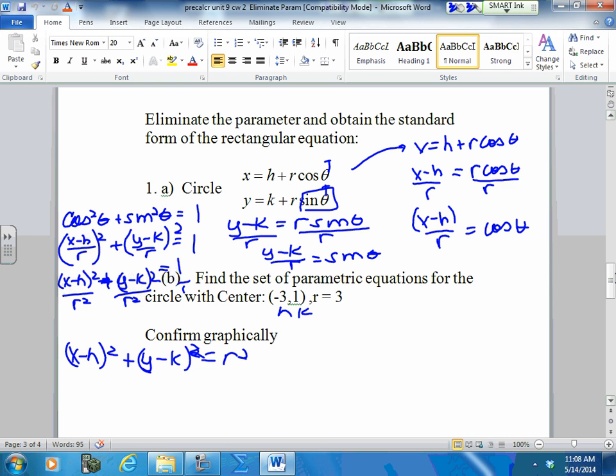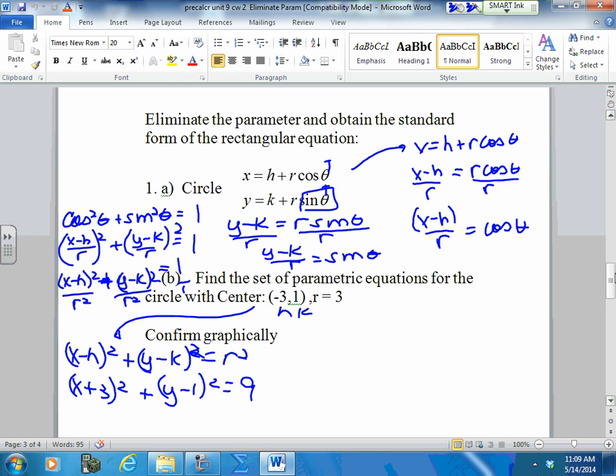We can do it again, or we can just plug it back up into those, or we can plug it into here. So since we went through this part, we can plug in your center, x plus 3 squared plus y minus 1 squared equals 3 squared, which is 9. And there's your center for your circle.